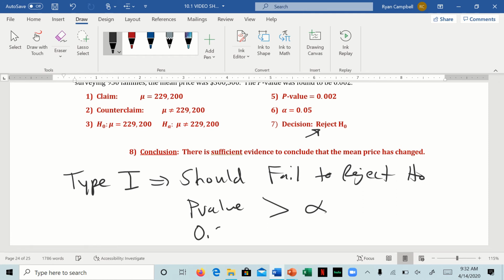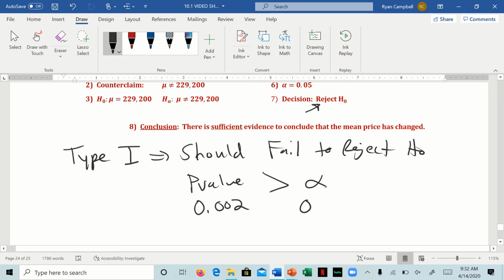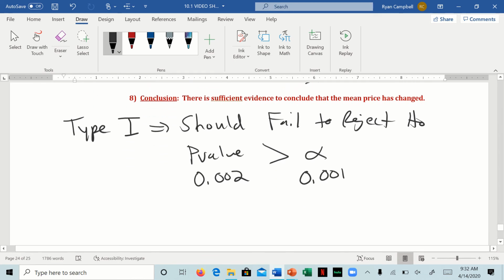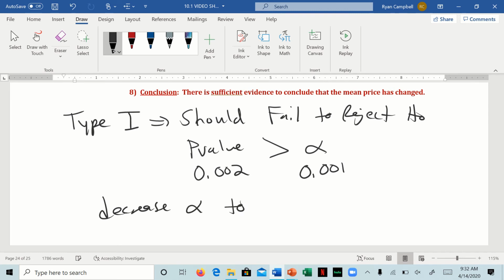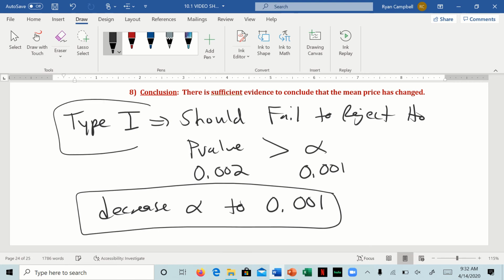So if the p-value was 0.002, then we should decrease alpha to about 0.001, right? Just something smaller than that. It really could be anything, but something smaller than that. So we could decrease alpha to 0.001, right? Because then the p-value will be bigger, so then we would fail to reject.